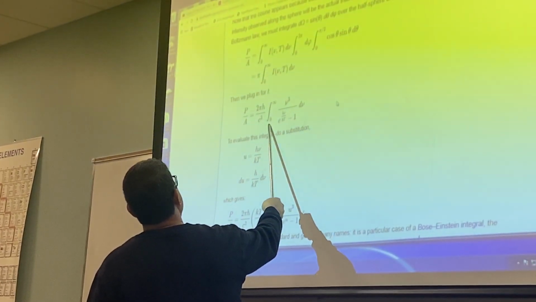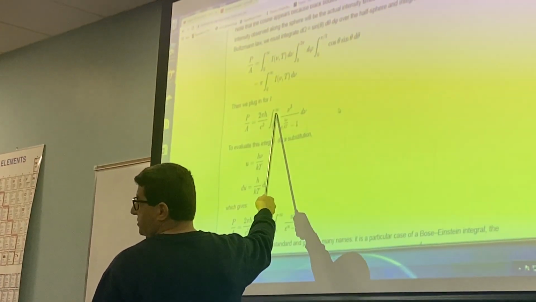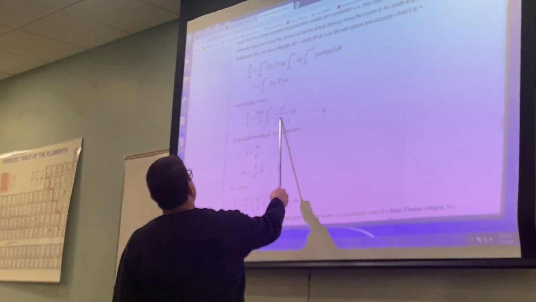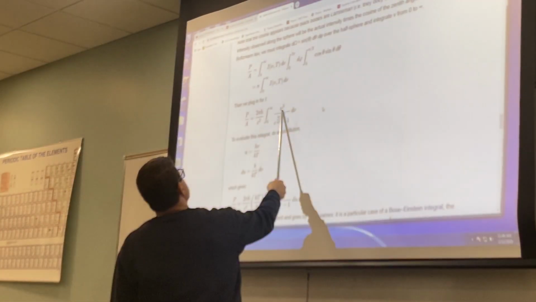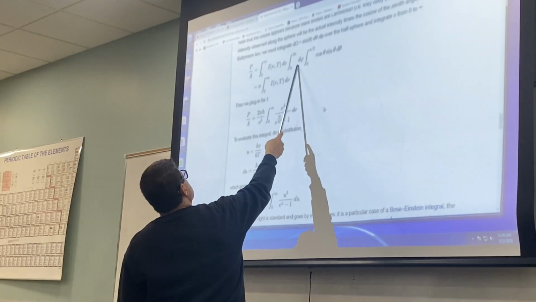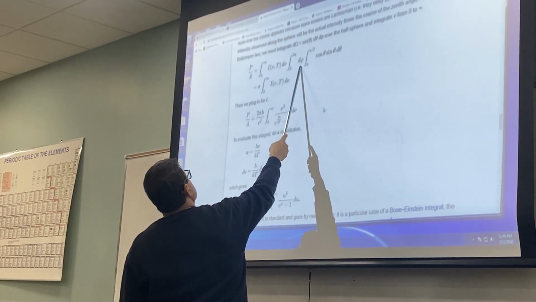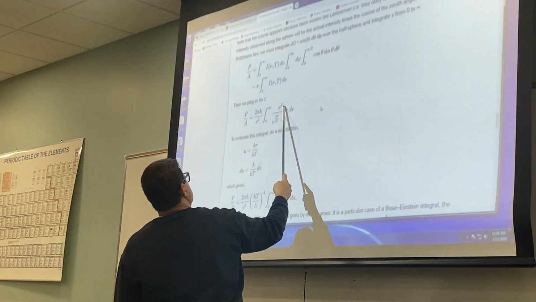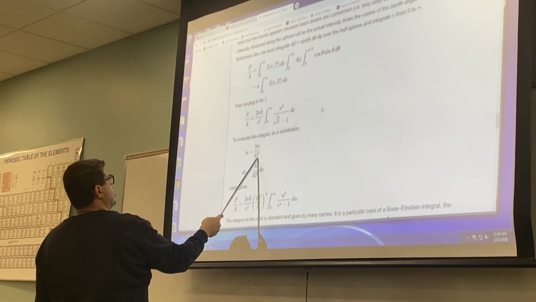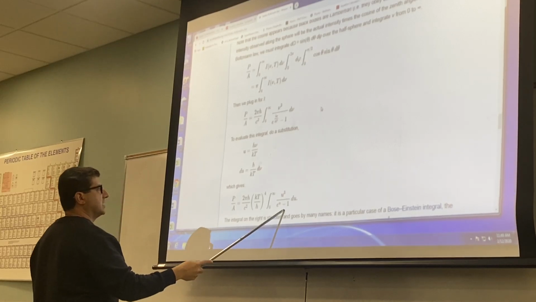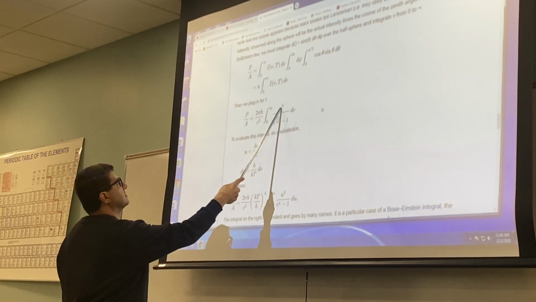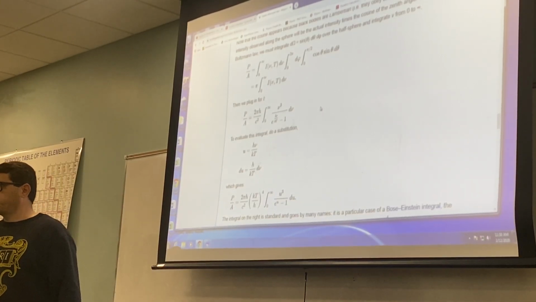They're integrating from 0 frequency to infinity, which is the same thing as integrating from 0 to infinity wavelength. Then there's the h. You get the frequency cubed, then they did a u substitution, then they got this, and then the T to the 4th came out somehow. And that's what happened.